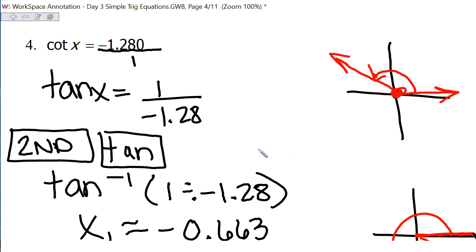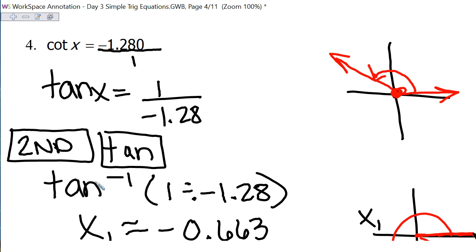No, we want this outer angle. Well, I know one complete revolution is what? 2 pi. So knowing that one complete revolution is 2 pi, and this little reference angle is 0.663, how would I find this angle, x1? Subtract. So for x1, it's going to be 2 pi minus 0.663.